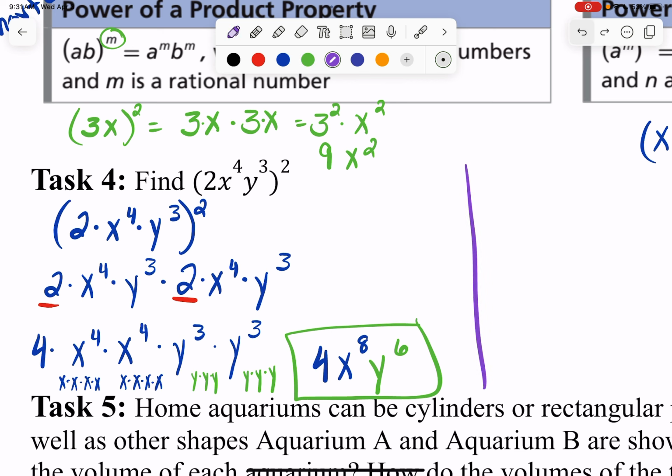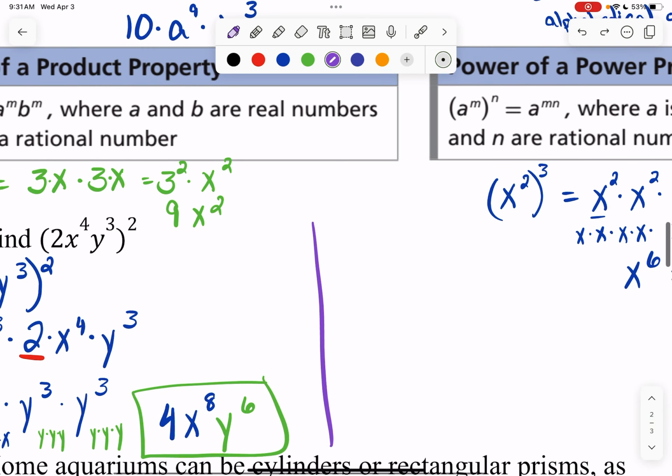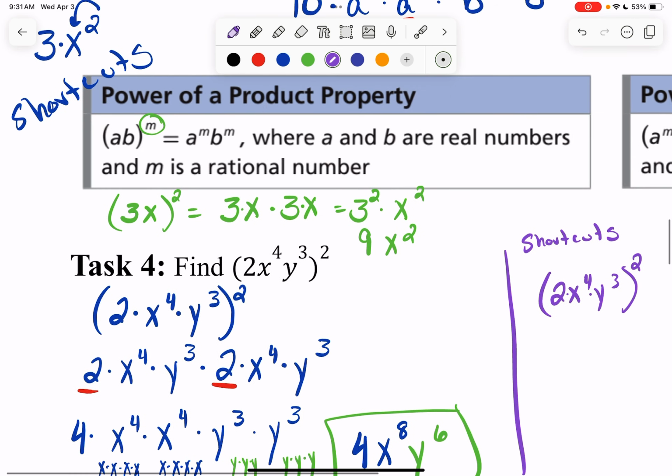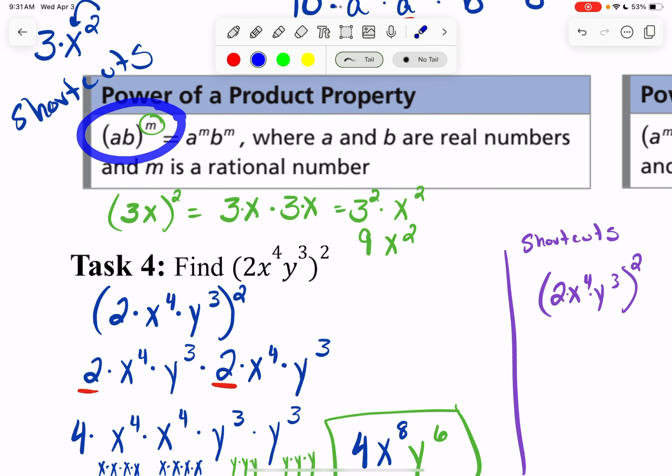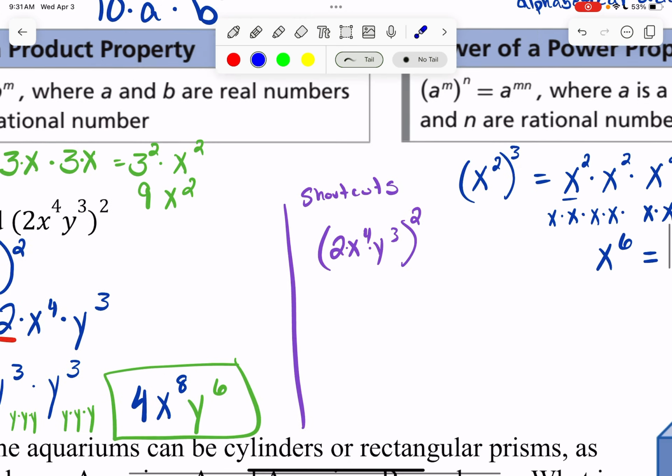Oh, wait. With the shortcut. So now over here, we're going to do it using the shortcut. So we have 2x to the 4th, y to the 3rd, to the 2nd. Okay, so here I have a multiply in here. So I'm going to use this rule first. Because I have a parentheses with an exponent on the outside, this exponent now goes to everything in there.